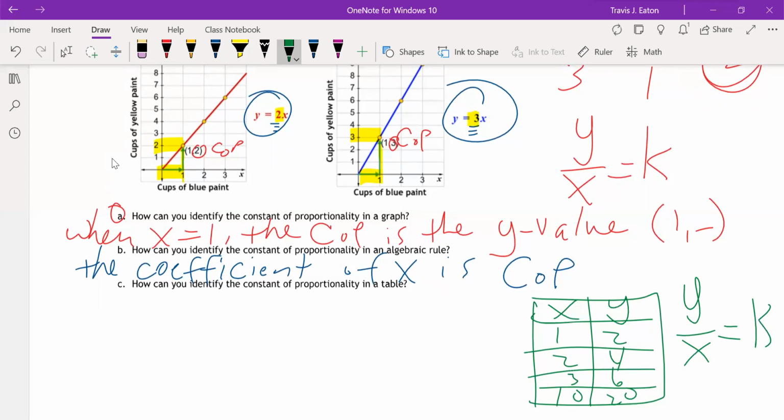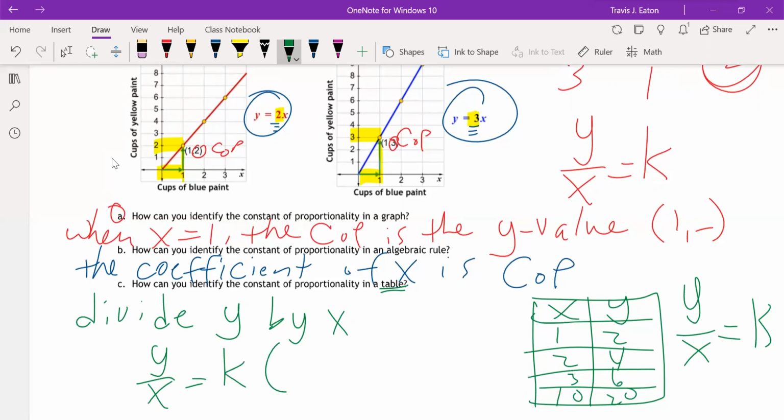So how can you identify the constant of proportionality in a table? You divide your y by your x. Y divided by x gives you your k, otherwise known as the constant of proportionality. It's that easy. But remember, it's not x divided by y, it's y divided by x. Your output divided by your input.